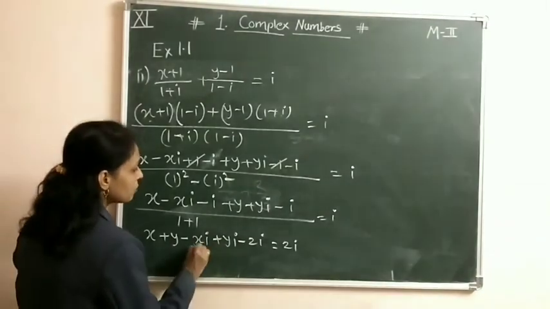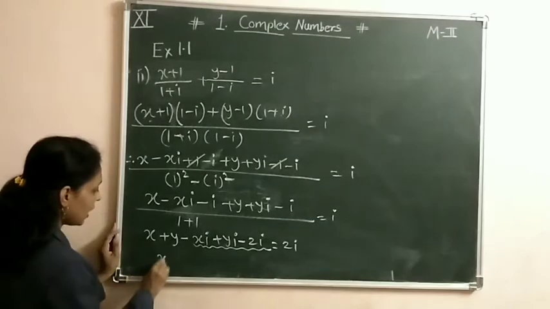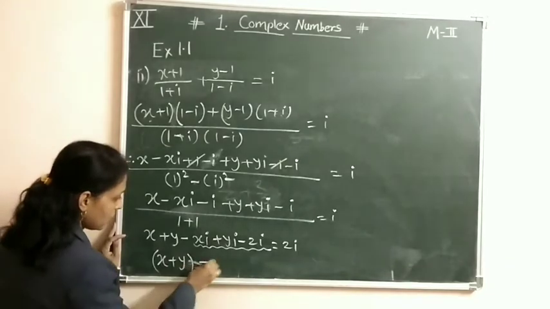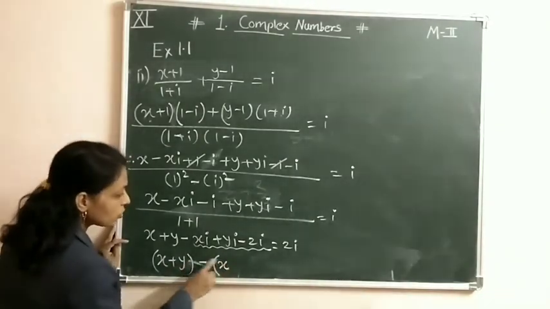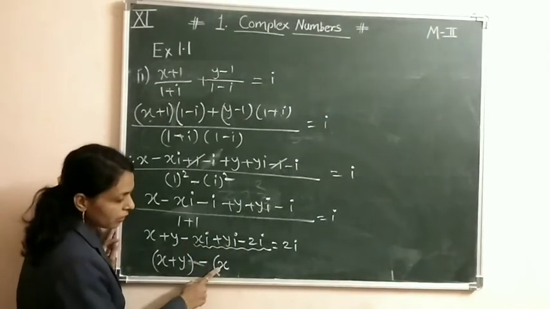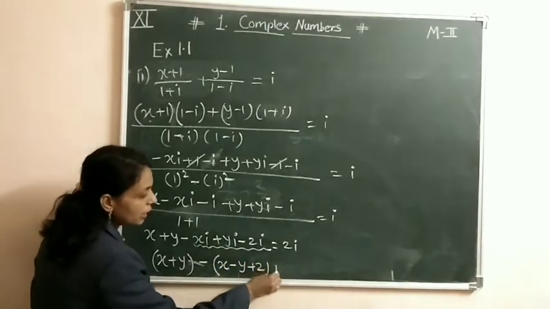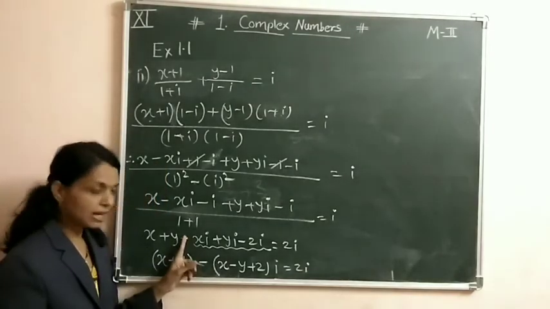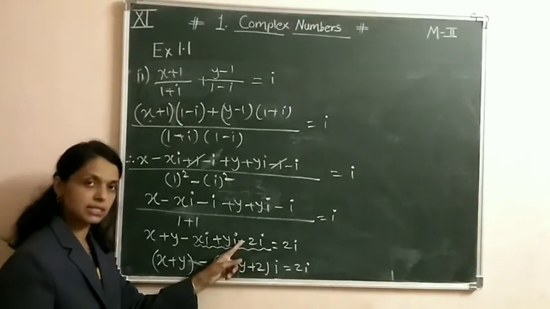Now, what is common from these three? We can take out i as a common. Therefore, x plus y minus, if you are taking i negative outside, so inside all the terms change. See, this x was negative, but we have written it as positive. Minus 1 plus 2 into i is equal to 2i.